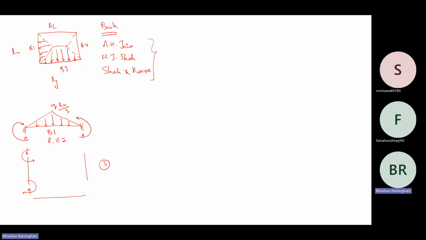Again, there is a triangular load of the slab, maybe. Okay. Again, I take it as a B1 if it is the same case. Again, there will be a column here. So there will be a vertical reaction coming here. An opposite reaction will come on the column. There will be a moment, and this will be a moment in the other direction.